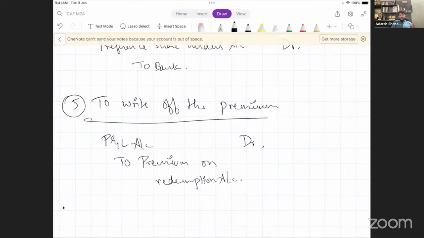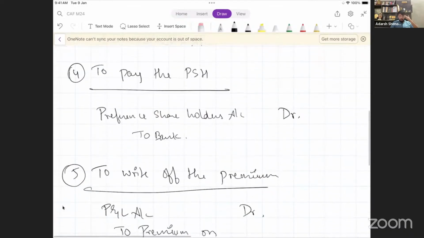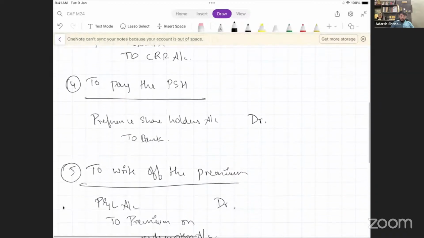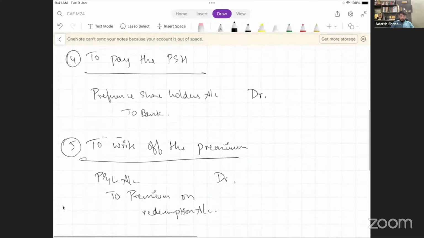So these are the journal entries for redemption of preferences. I hope you have taken this down. Have you taken it down? Yes or no?